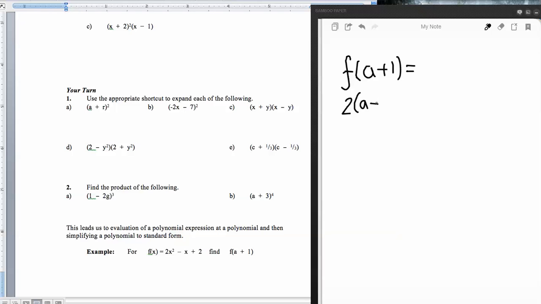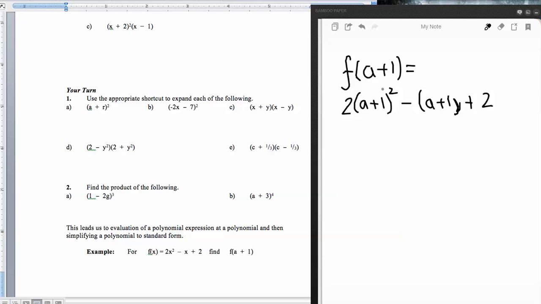So a plus 1 goes in for my first x and ends up getting squared. Then minus a plus 1 goes in for the x, so I'm going to end up subtracting that, which is distributive property. And then the next one, we have plus 2. And so there's no substitution there.